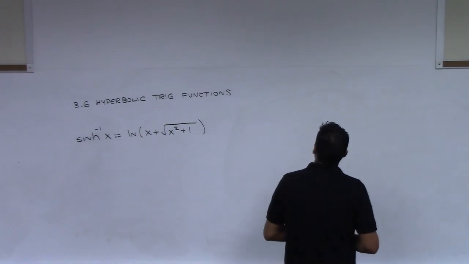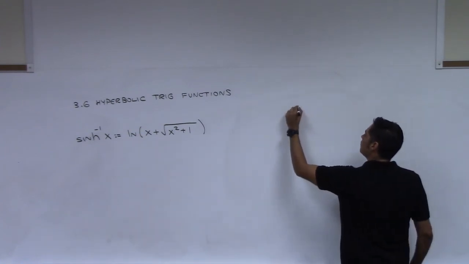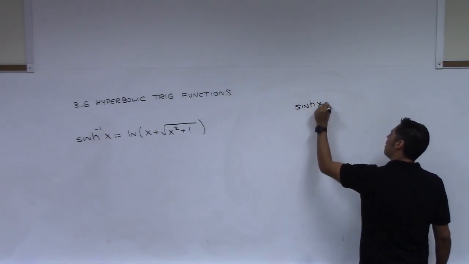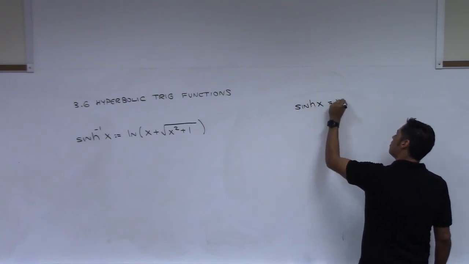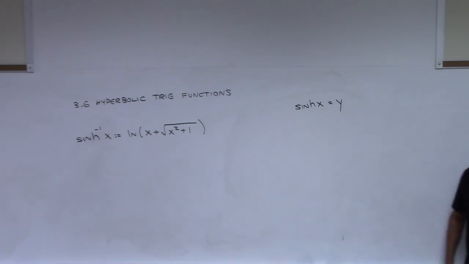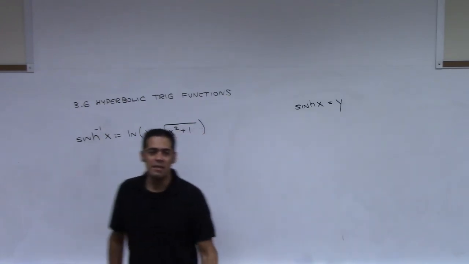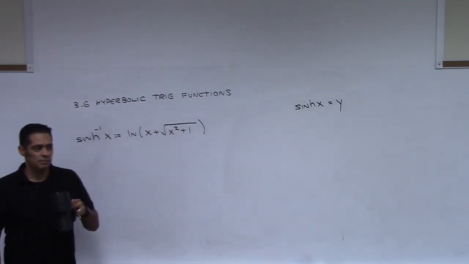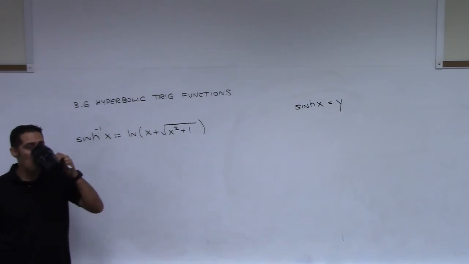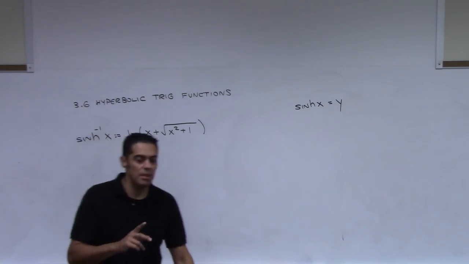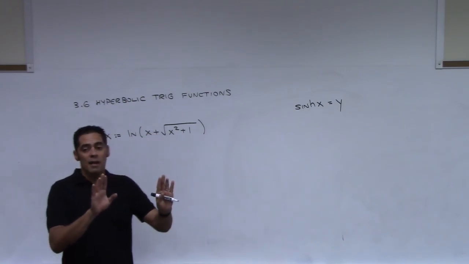All right, so do you remember, sine hyperbolic of x equals, let's call this y. Y is equal to sine hyperbolic of x. Do you remember in college algebra how to find the inverse of a function? There's a systematic way of doing it. Yeah, so the first thing you do is you say, okay, I'm going to switch x and y.